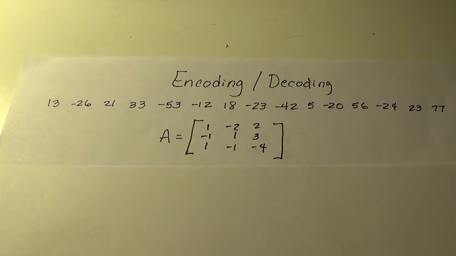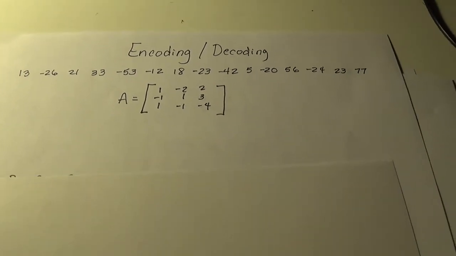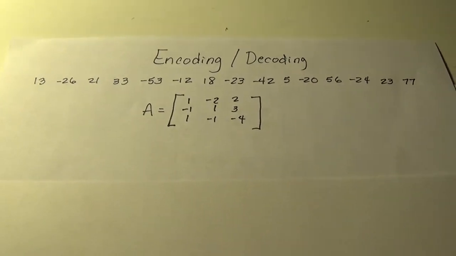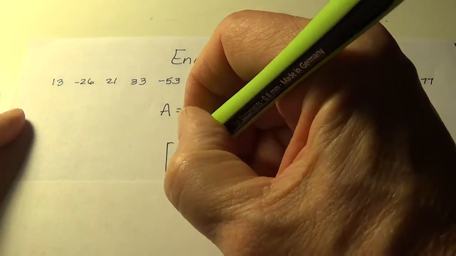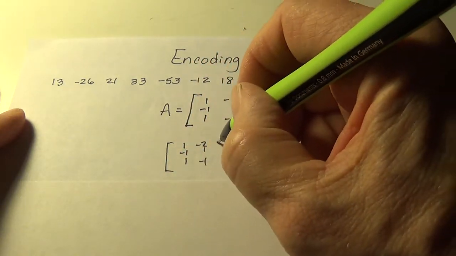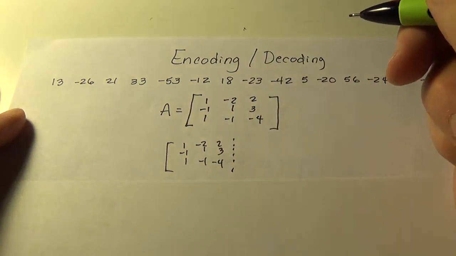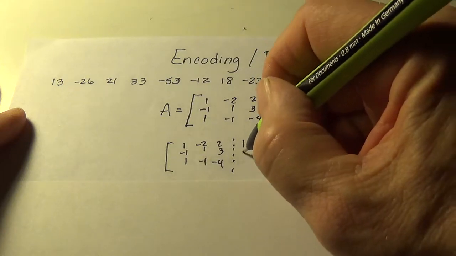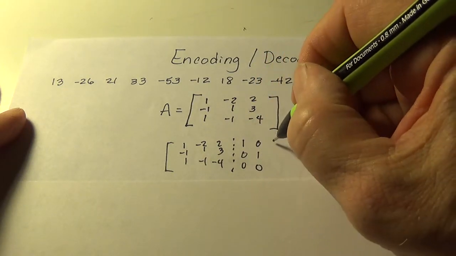In order to do that, we must also agree beforehand that to decode this we're going to use the inverse of the matrix. You have been well taught on how to find the inverse of a matrix. We take the matrix and set it alongside the matrix with the dripping ones.